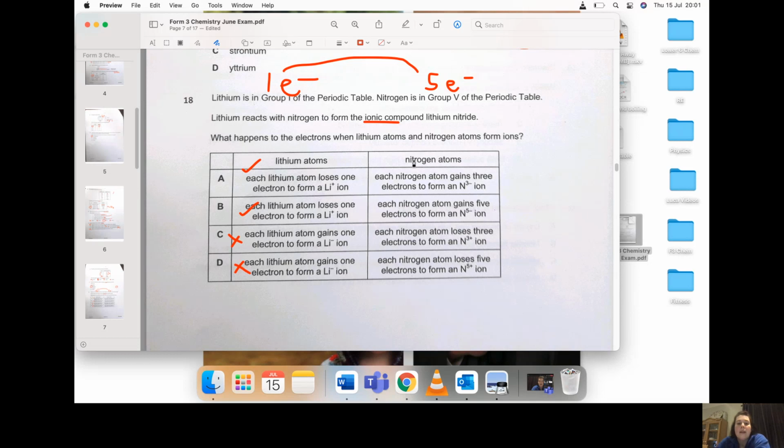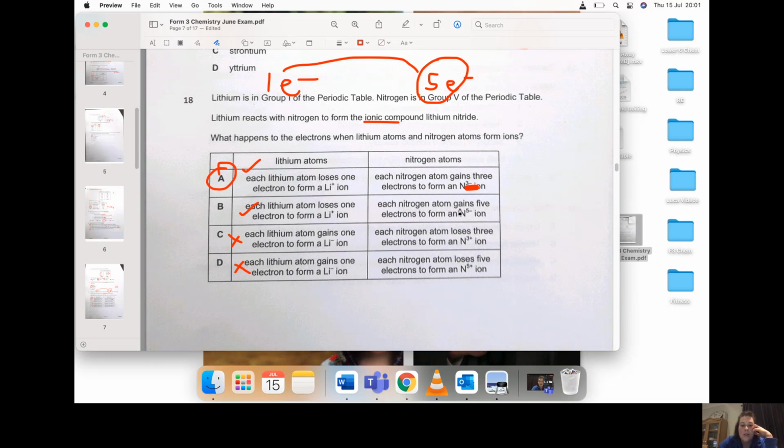Each nitrogen atom gains 3 electrons to form an N3 minus. This is correct. Because I've got 5 electrons in my outer shell as nitrogen, I need 3 more to make it 8. So I gain 3 electrons to form N3 minus.